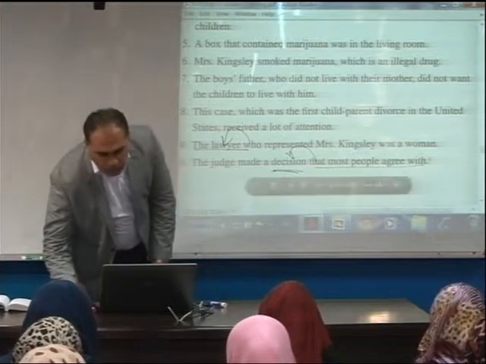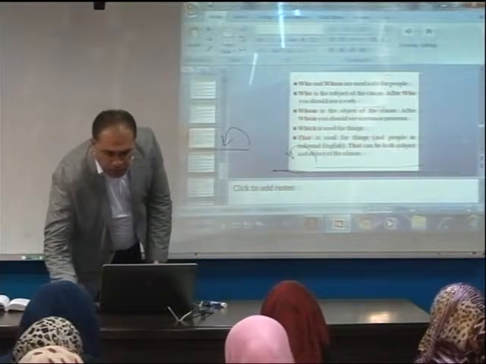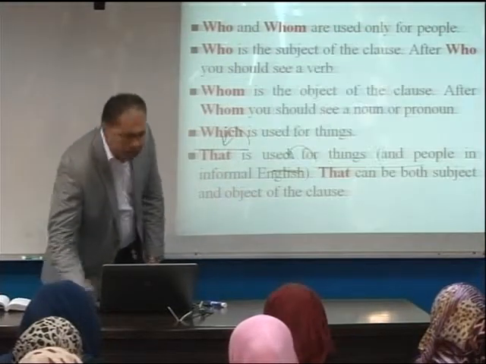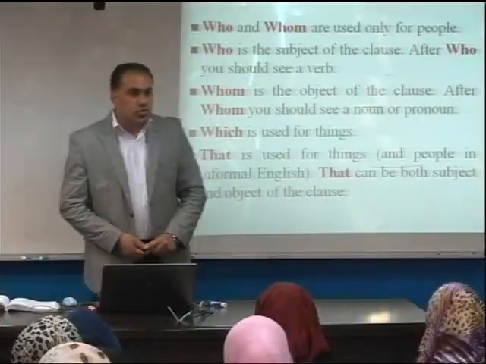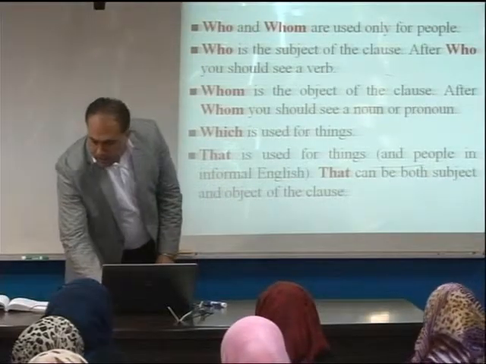Okay? So, back to the point about uses of adjective clauses. Like we just said, who and whom are used only for people, where who is the subject of the clause and whom is the object of the clause. Which is used for things, and that is used for things, but in informal English, it is used for people as well.